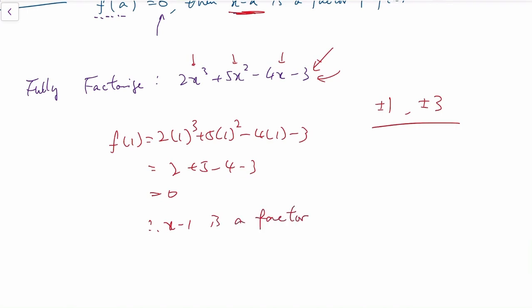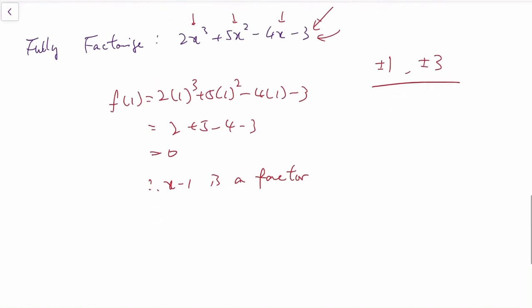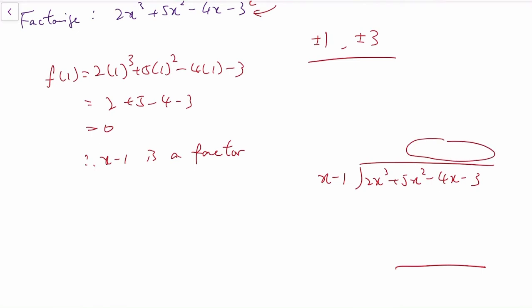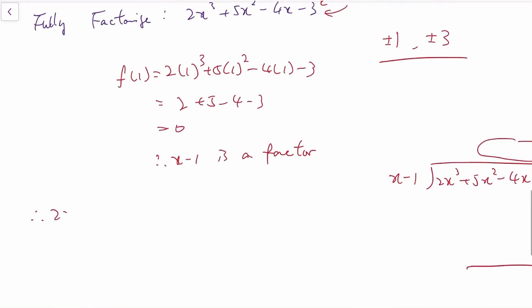Once you get the first factor, you can get the other factor by doing long division. If you did it correctly, you should have no remainder at the end. Then the original polynomial would be x minus 1 times the quotient. Therefore, 2x cubed plus 5x squared minus 4x minus 3 equals x minus 1 times that quotient.